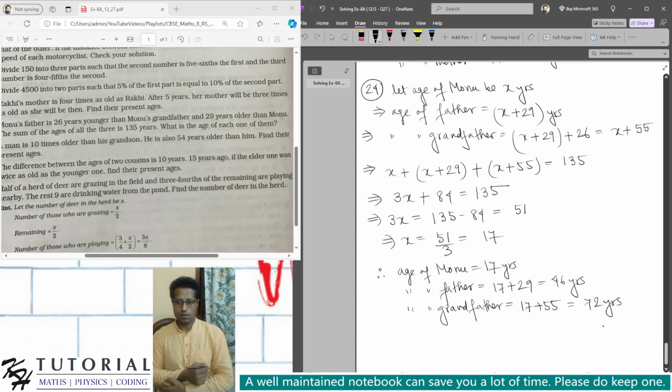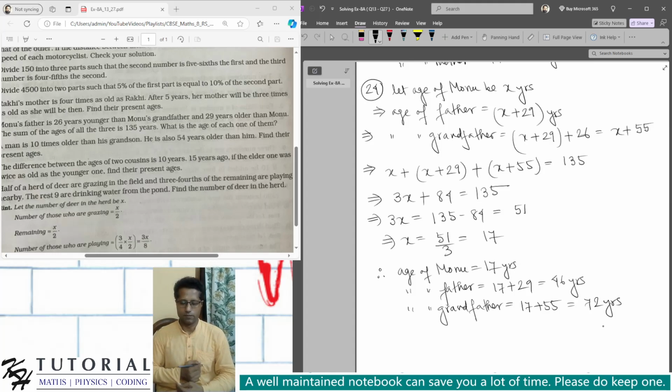So the ages are 17 years, 46 years, and 72 years. Monu's age is 17 years, Monu's father's age is 46 years, and Monu's grandfather's age is 72 years.